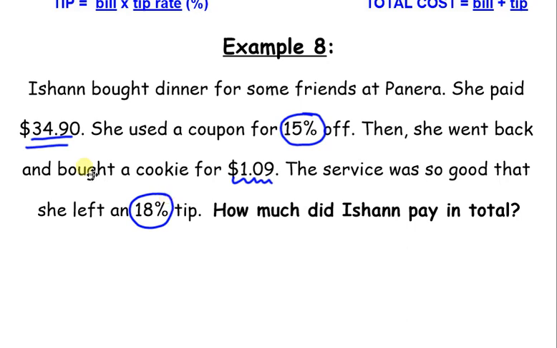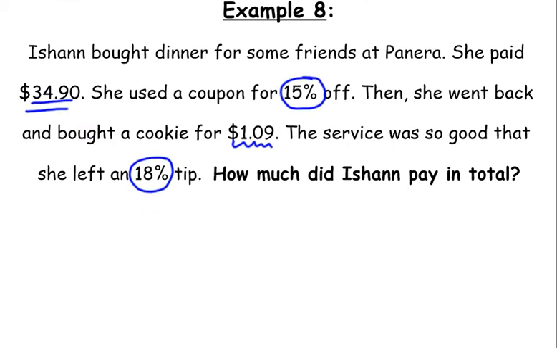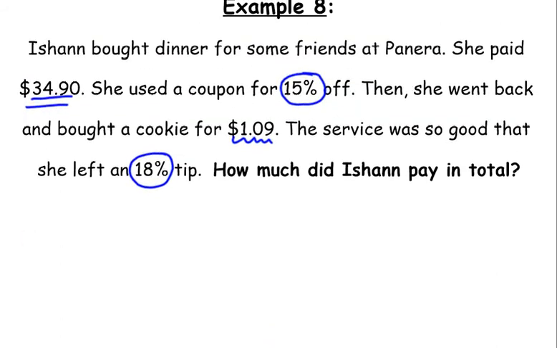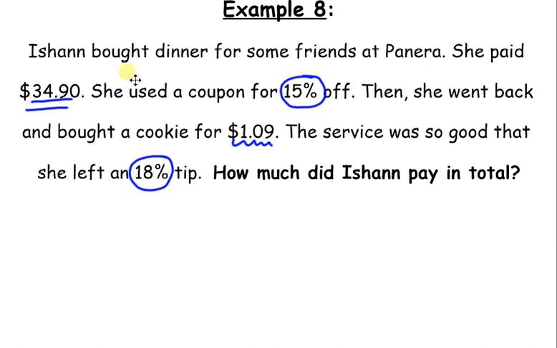So this is going to be a multi-step problem. It's not hard, you just have to follow the problem each step of the way. Okay, so remember we said first thing is going to be discount. Second is going to be tip. All right, so let's first calculate our discount.